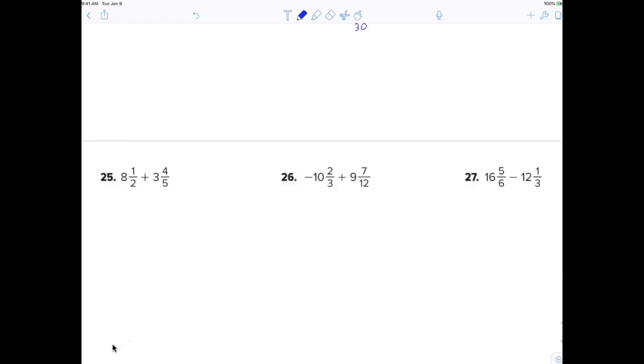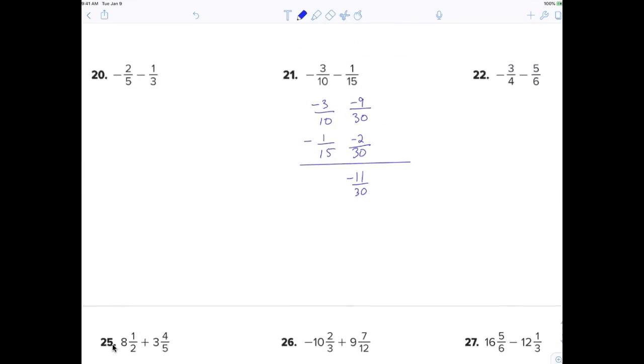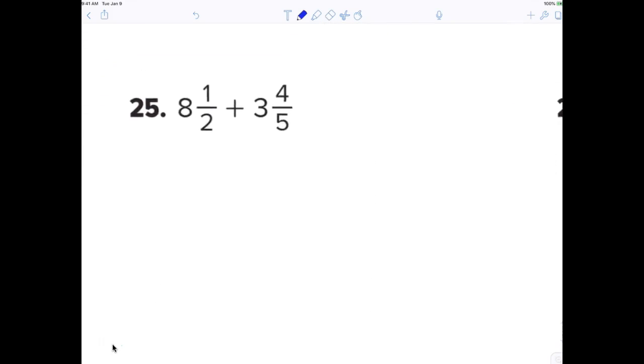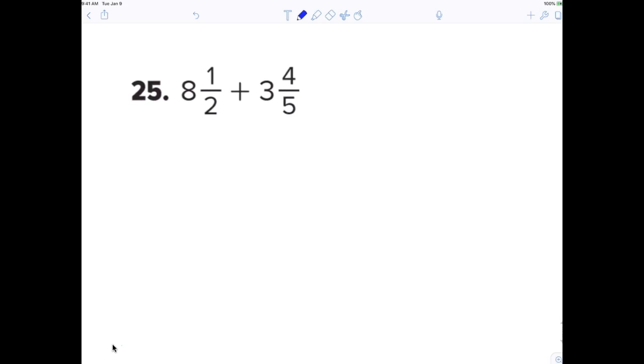All right. Let's check out 25. Tremble, let's go. You give me a shot on 25. What's the common denominator? Yes, sir. So what's the first fraction? Good. The second fraction?